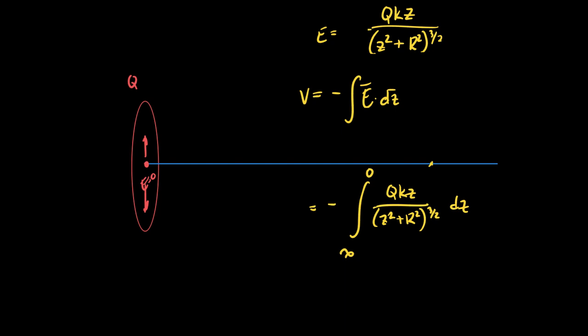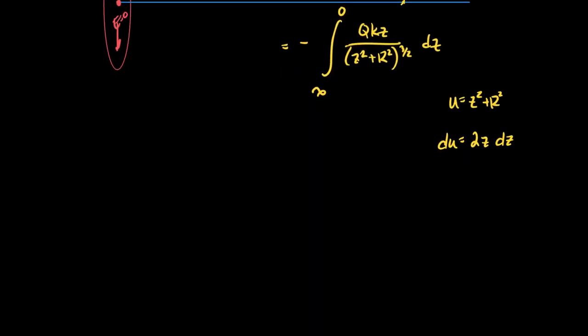No trouble, right? I would sub in u equals z squared plus r squared. That means du equals 2z dz. Let's do the substitution.